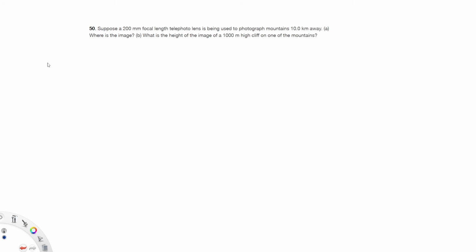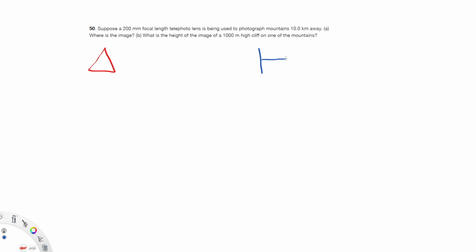All right, so we're photographing a mountain. I feel like a mountain deserves more than an arrow. I'm going to give it a triangle. Our lens is over here. And we're told that it has a 200 millimeter focal length. That's a positive focal length.